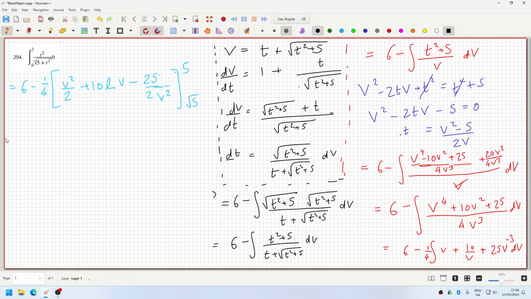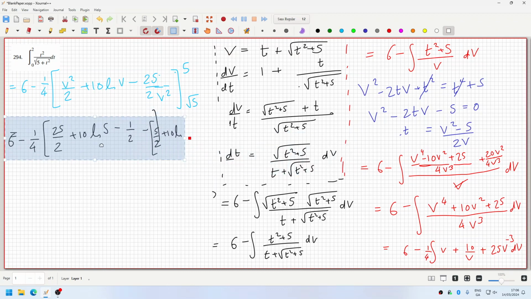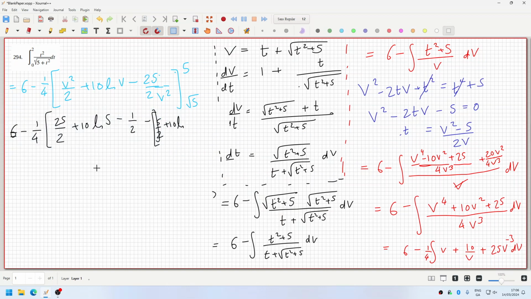Okay, so now we're in a position where we can give an answer. 6 minus a quarter, 25 over 2 plus 10 log 5 minus 25 over 2 over 25, so minus a half, minus 5 over 2 plus 10 log root 5 minus 5 over 2.